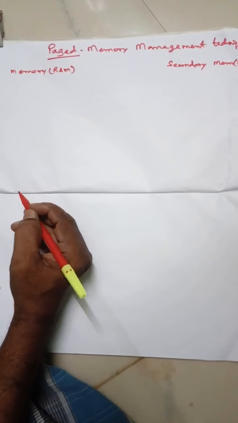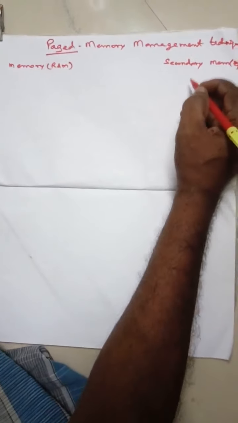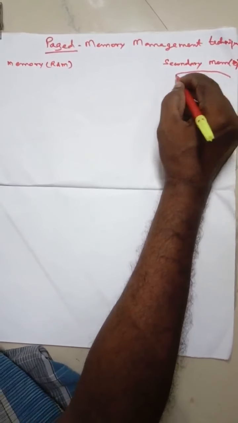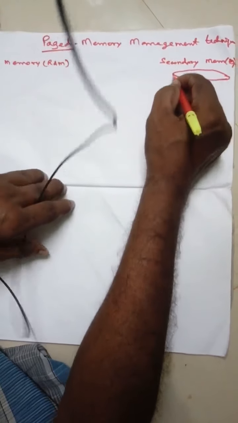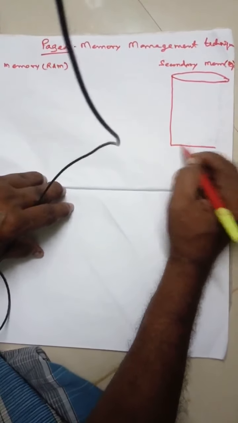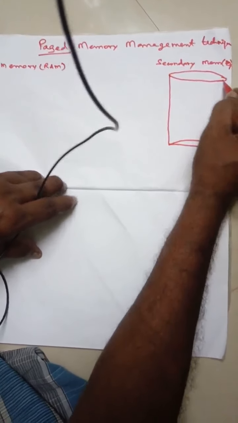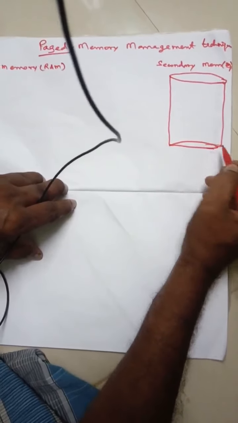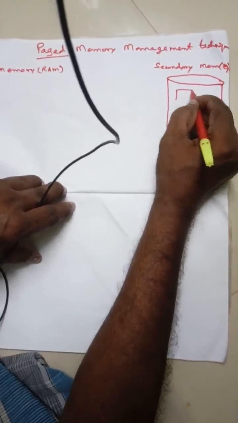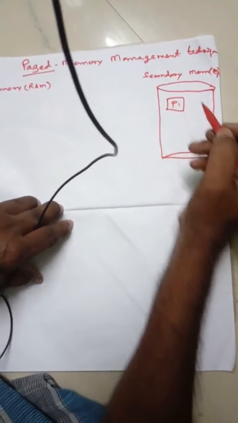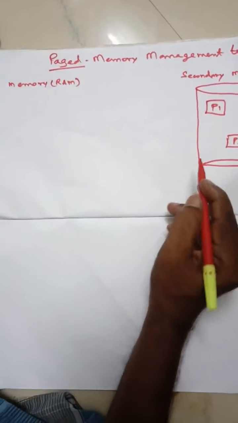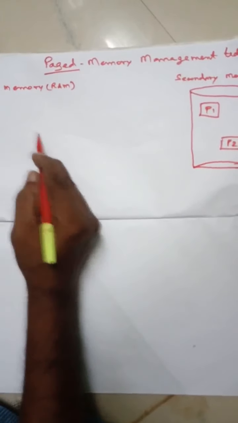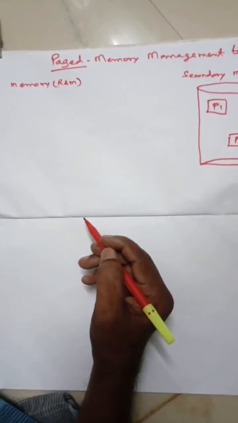So in secondary memory, the hard disk, there are two user programs, program 1 and program 2. These two are going to be executed in memory using paged memory management technique.